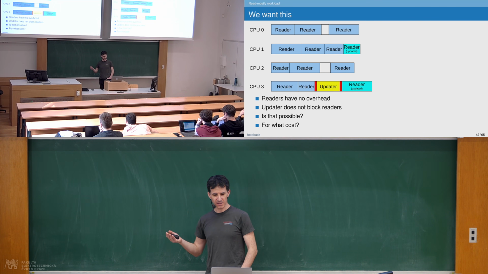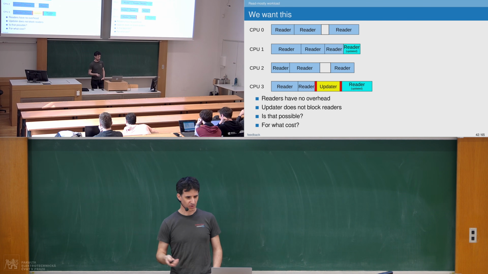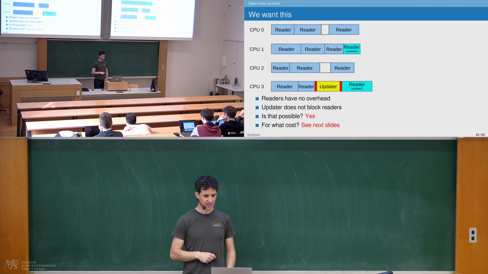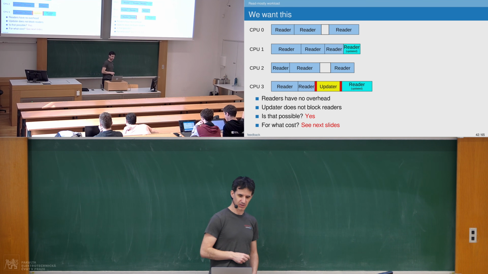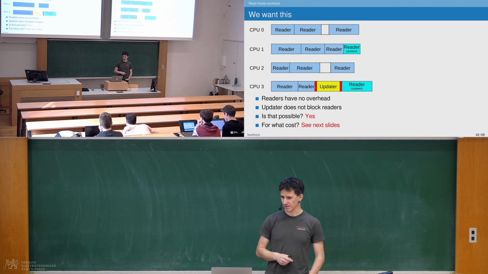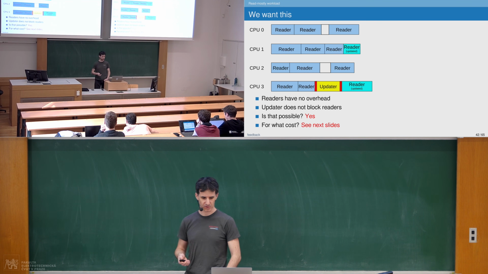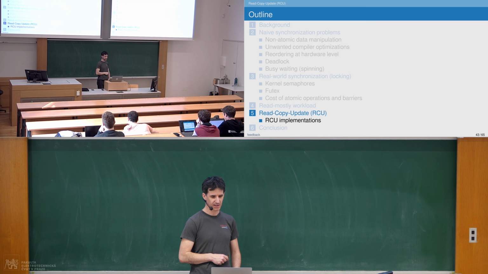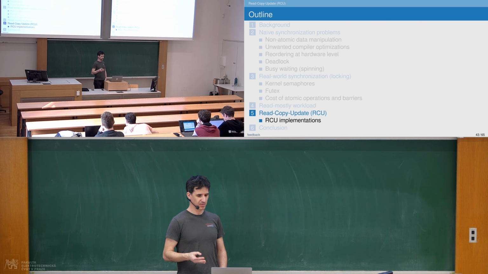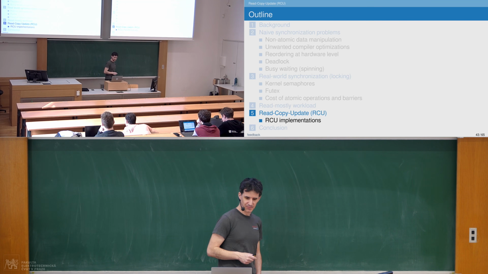So can we have this? Of course the answer is yes, and the question is how much it costs us, how much effort or whatever we need to invest into that. And the answer will be in the rest of the lecture.